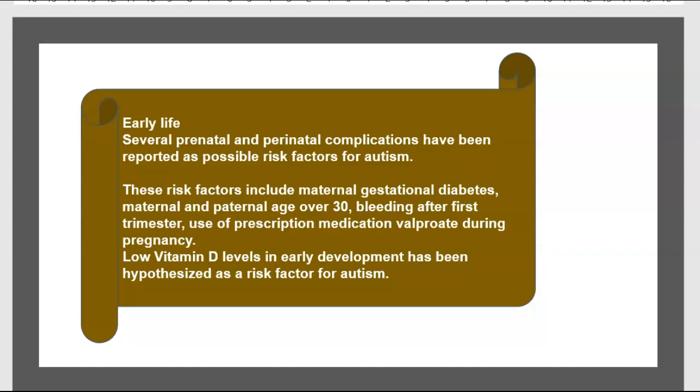These risk factors include maternal gestational diabetes, maternal and paternal age over 30, bleeding after the first trimester, and use of prescription medication like valproate during pregnancy. Low vitamin D level in early development has been hypothesized as a risk factor for autism.